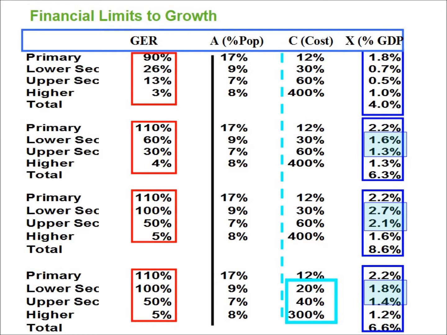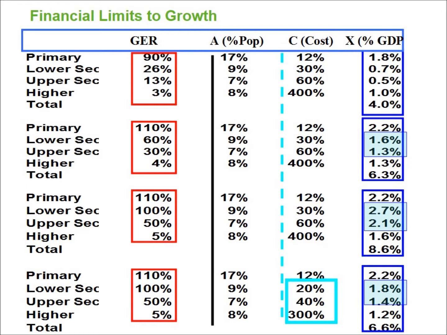With that kind of configuration, with typical numbers for sub-Saharan Africa for the proportion of the population in the age group appropriate to the school level, and with cost levels as shown, 12%, 30%, 60% for primary, lower secondary and upper secondary, then 4% of GDP would be sufficient to finance that system.